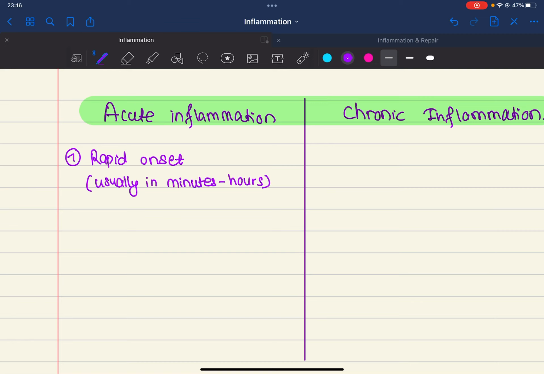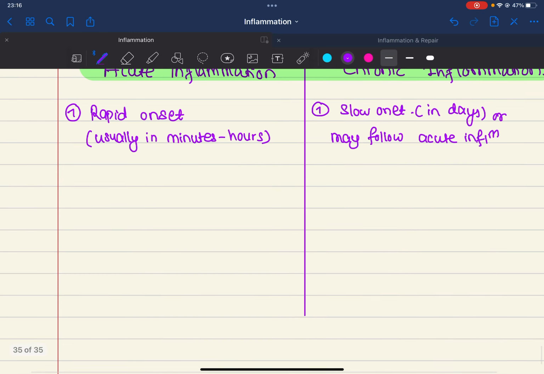Chronic inflammation has slow onset, in days, or may follow acute inflammation. First difference is this one.